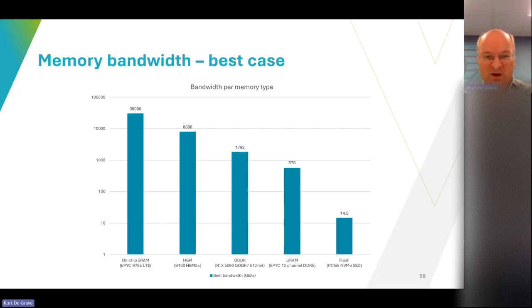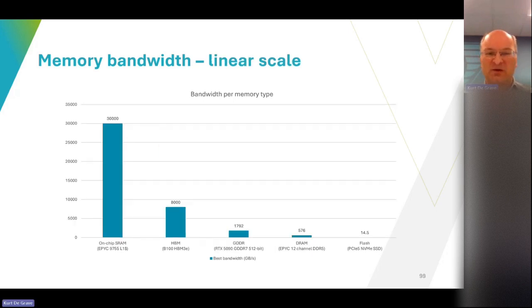And then, if you need to store it to disk, well, rather flash, so an SSD, the best SSDs are approximately 15 gigabytes per second. So that's quite a bit lower. So that was on log scale. If you plot the same things in linear scale, then yeah, there is a striking difference in height.